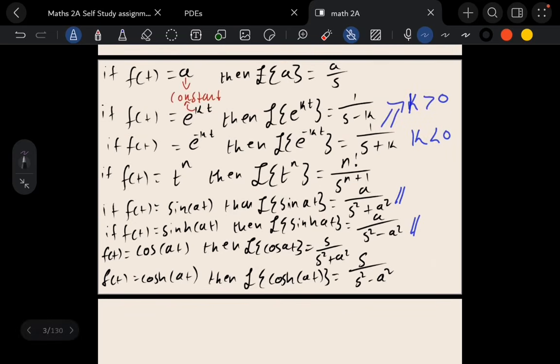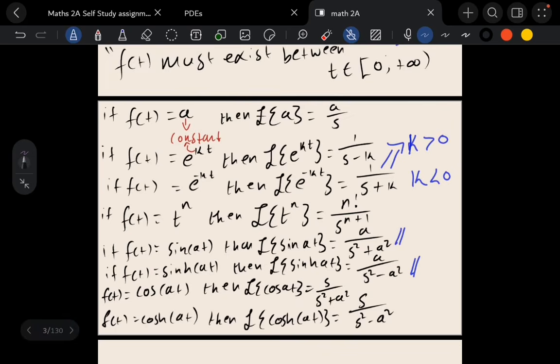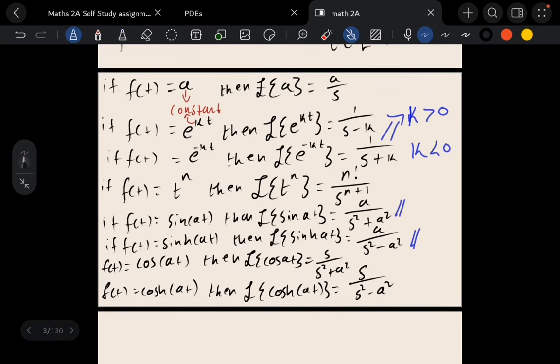So the functions that you see here are the only functions that we do have the Laplace transform of. Do you understand that? But if you do more research on the Laplace transform, you'll have more functions. But for the scope of the Laplace transform for students, this is the Laplace transform that we are going to teach you.